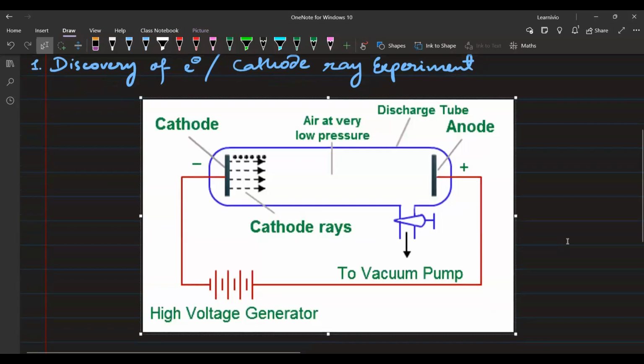So this is a basic schematic diagram for the cathode ray experiment. Just take a screenshot, leave some space, then you will write some points.